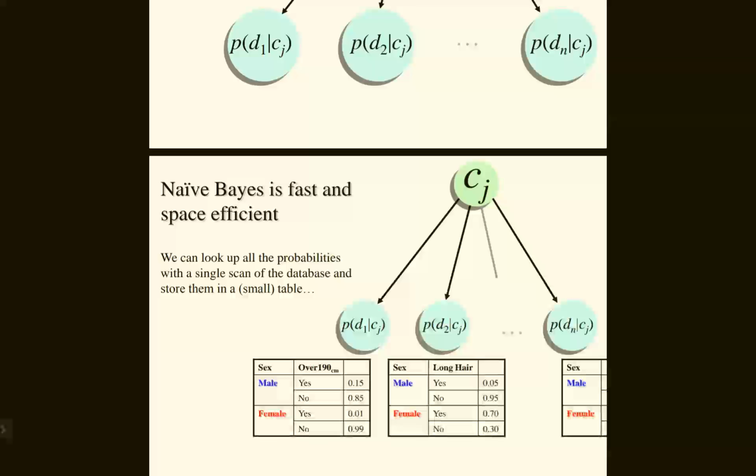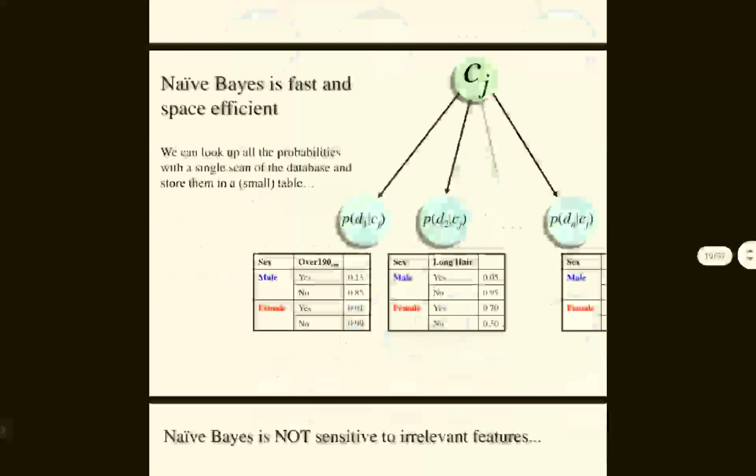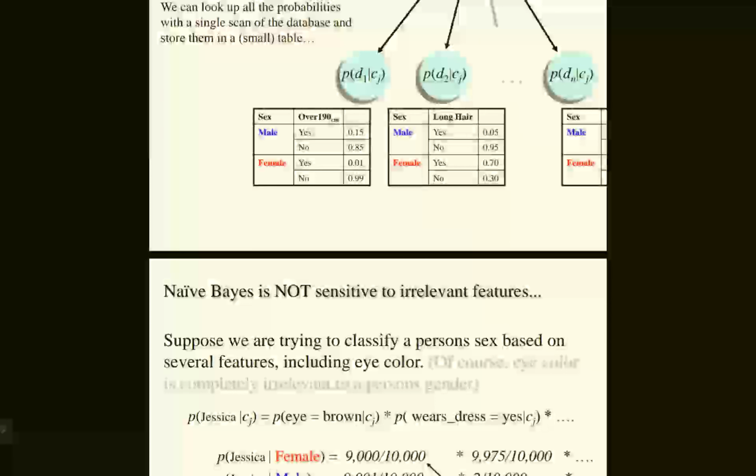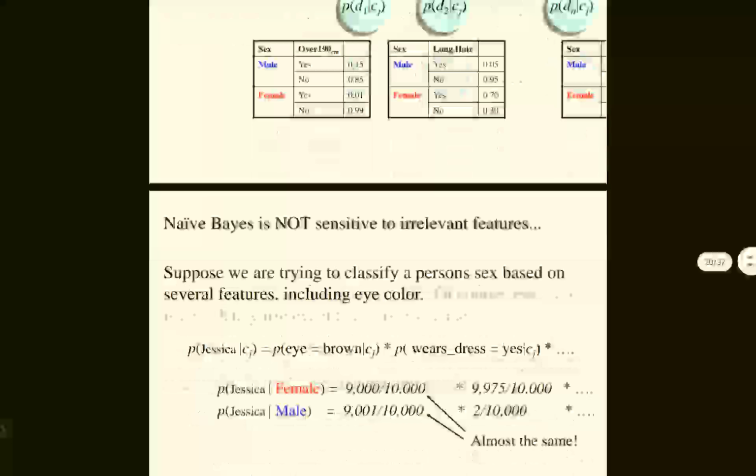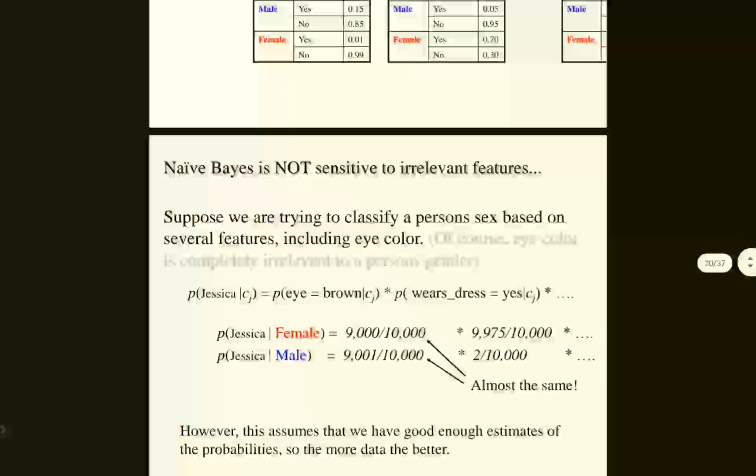Naive Bayes is fast and space efficient. Why? We look up the probabilities with a single scan of the database and store them in a small table. Yes, with a single scan of the database we store them, so we have to calculate the probability of all the points. Naive Bayes is also not sensitive to irrelevant features. Why? Again we can check the second example here.